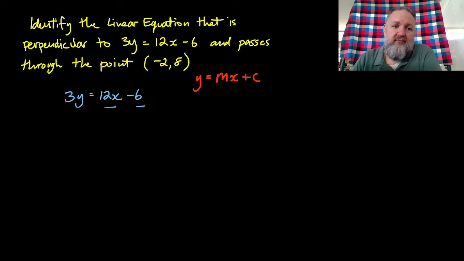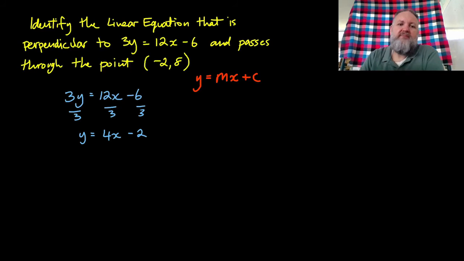Well, I can just get y by itself. To do that, I'm going to divide all of the terms by 3. When I do that, I'm going to end up with y is equal to 4x minus 2. Now, that is the exact same linear equation as this one here. It's just I've brought it down to a simpler form, into the general form.